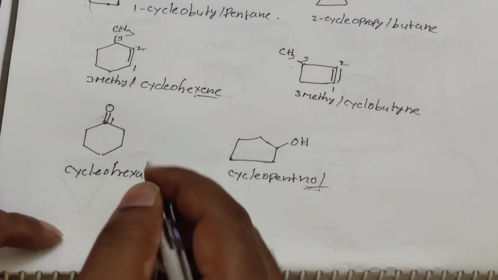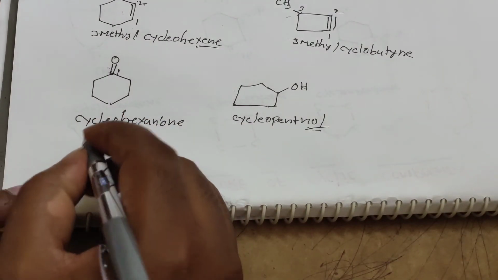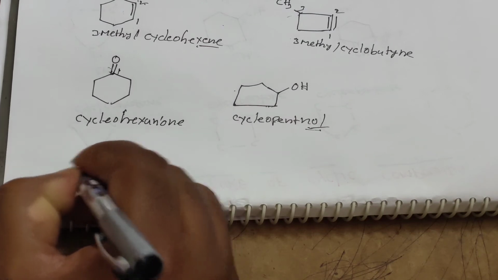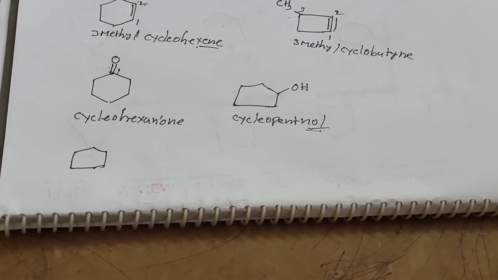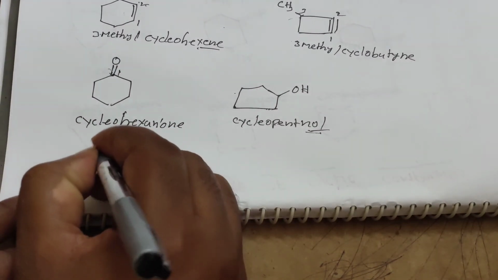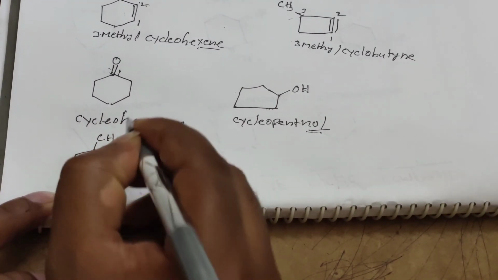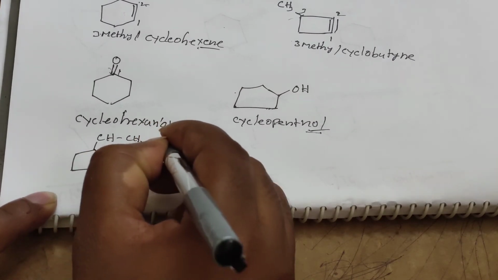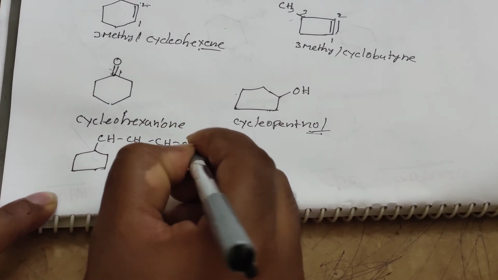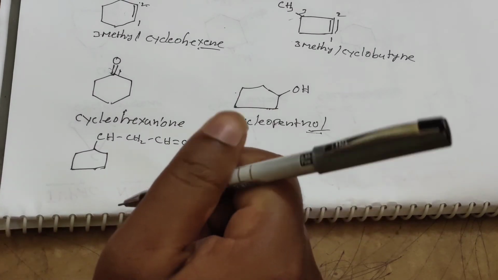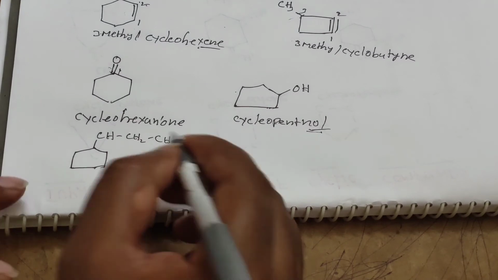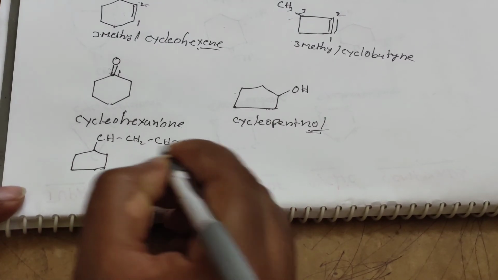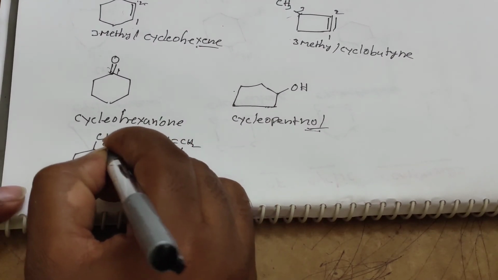For example, here I am writing one of the structures. It is a cyclopentane and CH2 CH double bond CH2. Here it is the double bond, and this time I will give the numbering. I am giving the priority from the double bond onwards, 1, 2, 3, 4.